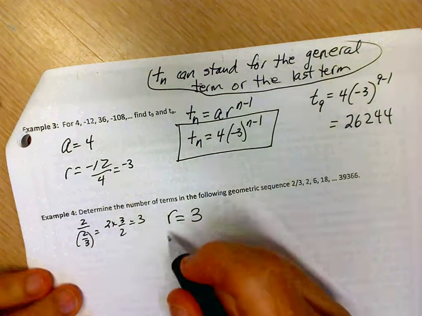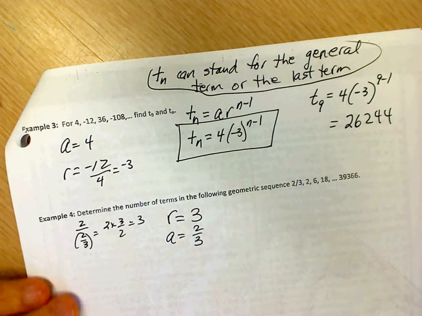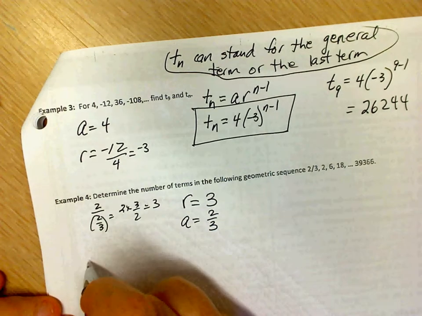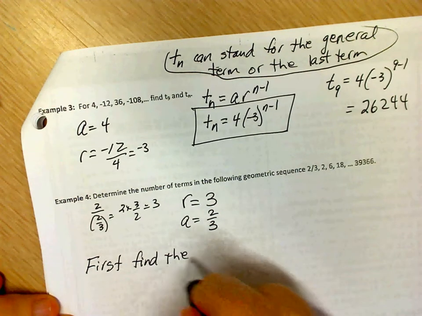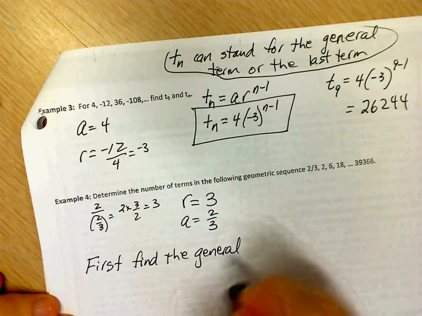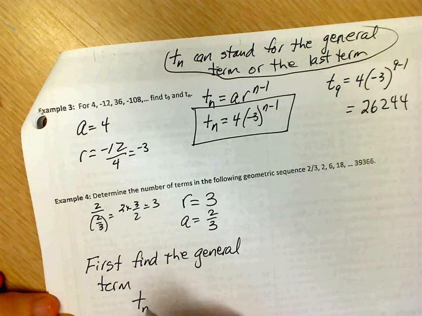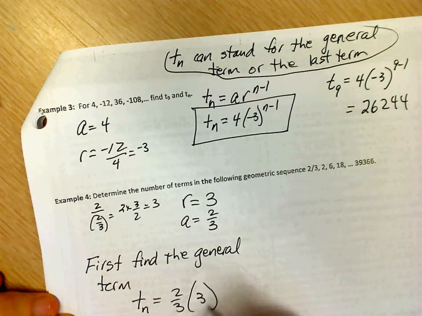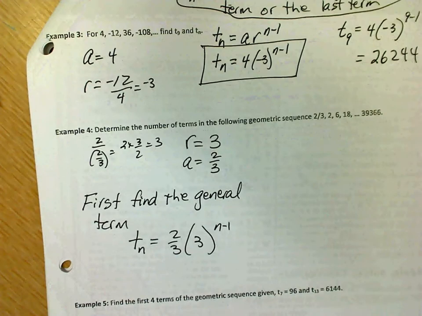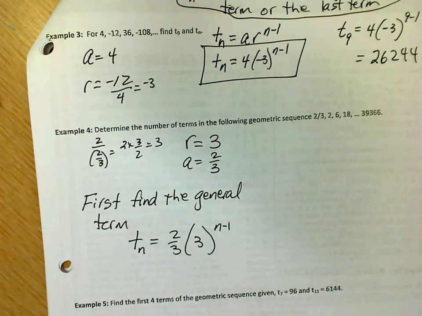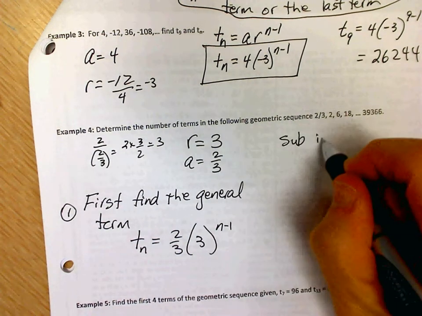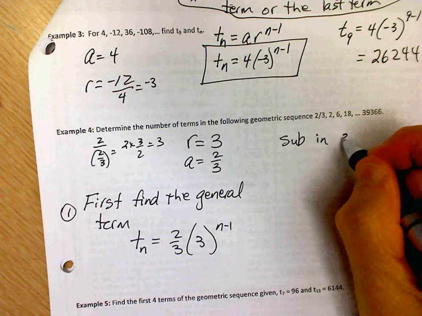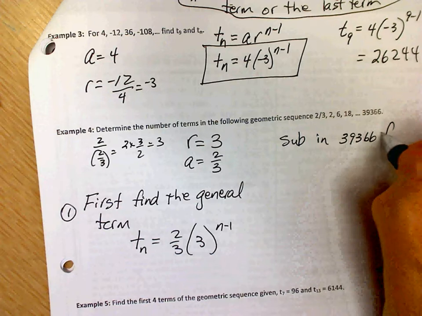A is equal to 2/3. So first we find the general term, and that's Tn equals 2/3 times 3 to the n minus 1. And now we're going to sub in this value for Tn.